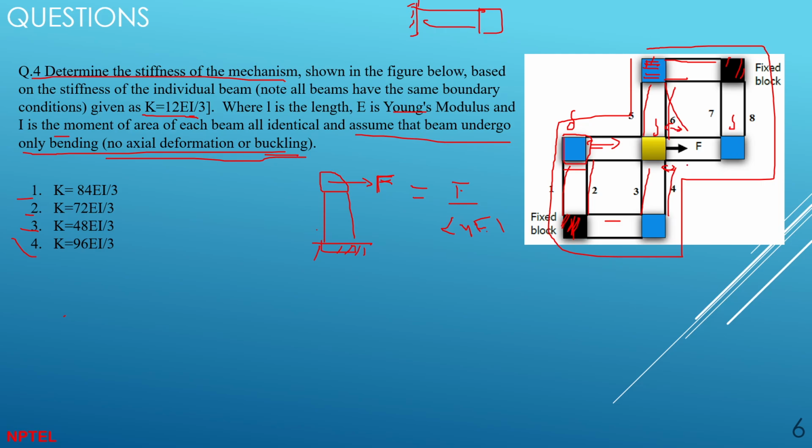The delta remains the same for all of these beams, 1, 2, 3, 4, 5, 6, 7, 8, all beams. But the force will be distributed. Okay. So why am I saying this?